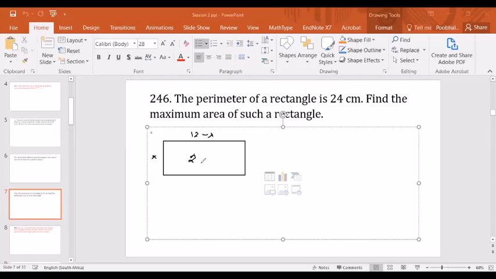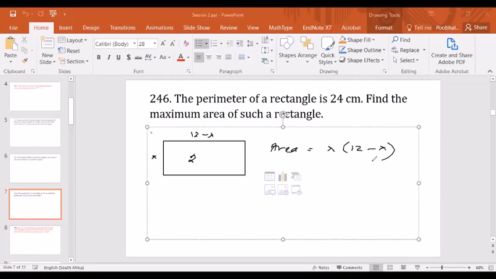And in that case, the area is equal to length times breadth. So that is the area. Now we want to find the largest possible value of this.